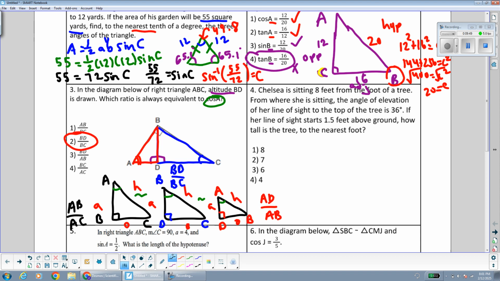Okay, moving along. Chelsea is sitting 8 feet from the foot of a tree. So here is the tree. And here's Chelsea. Let me make that a little bit lower.